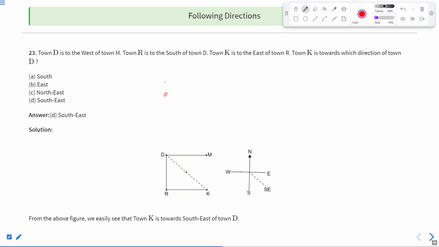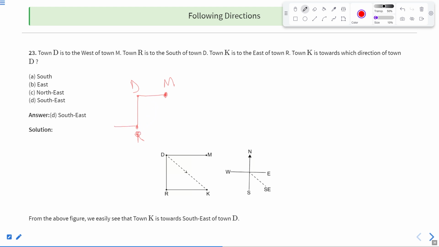Next. So we have town M. Town D is to the west of town M. Town R is to the south of town D. Town D south is town R. ठीक है.